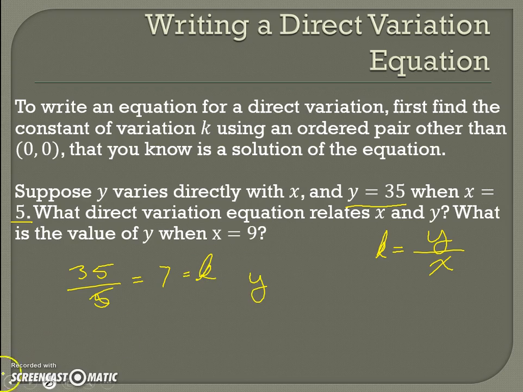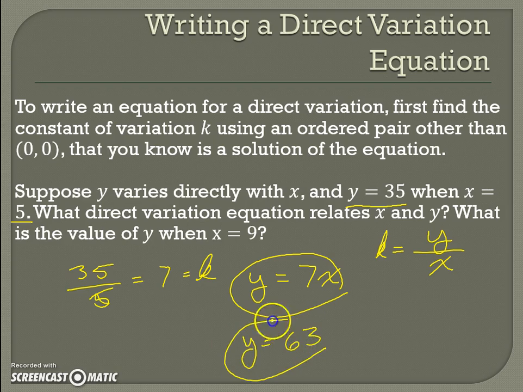So I rewrite my direct variation equation. Instead of k, I write 7. All right, so this direct variation equation relates x and y. Here it is, right here. So whatever x is, multiply by 7, and that's y. So what do you get when x is 9? Well, 7 times 9 is 63. So it's literally just substituting this x in here and solving for it.